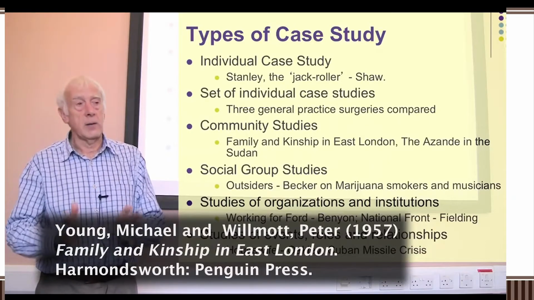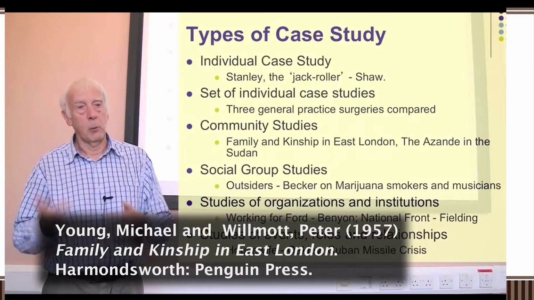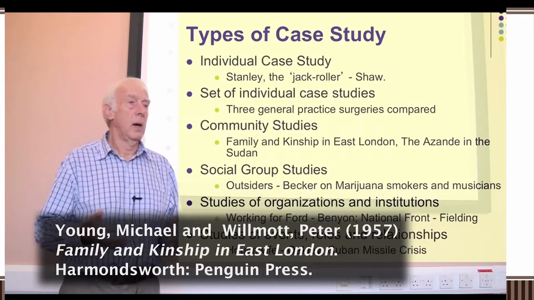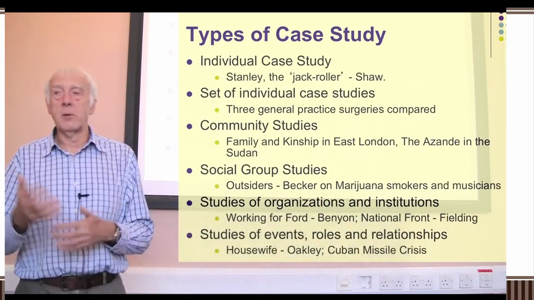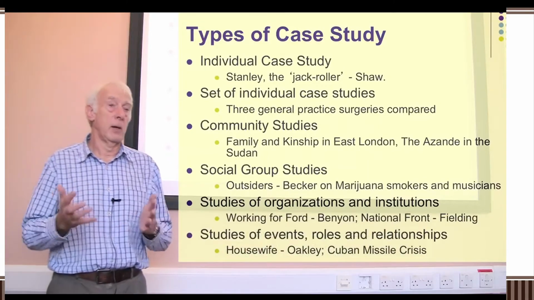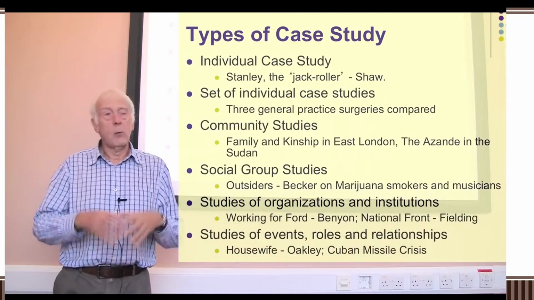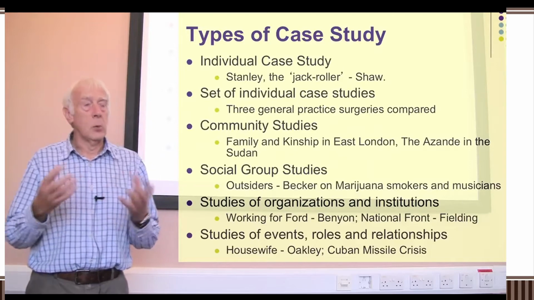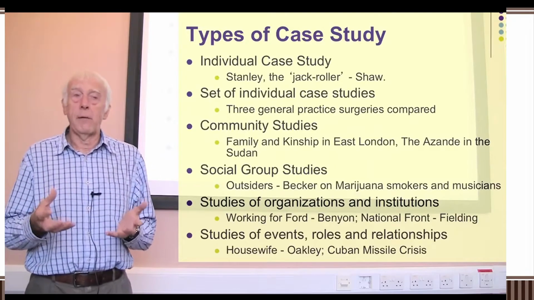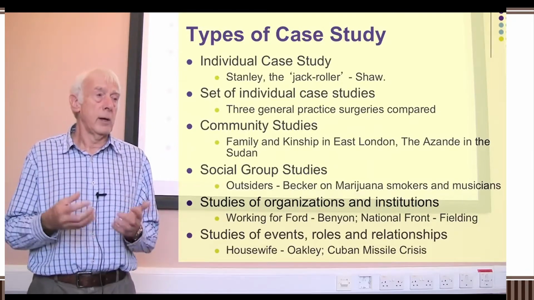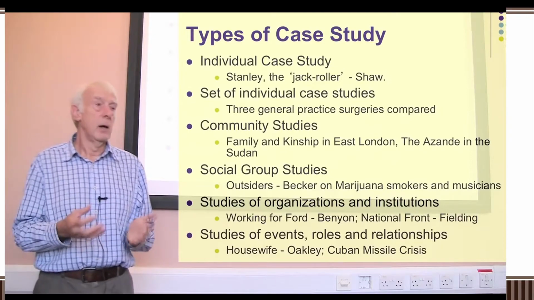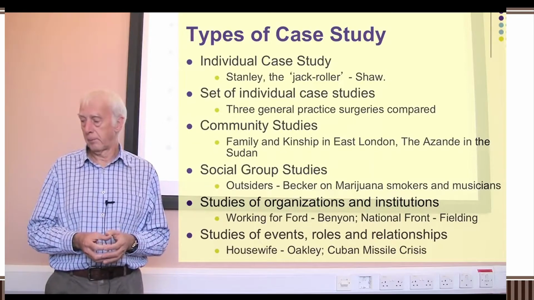They stayed there, they interviewed them, they recorded what was going on, they observed them, and they kept documents that were being kept by the local authority and so on. So they had a range of different data coming in, and talked about the life of effectively a working class community in Britain just after the Second World War.